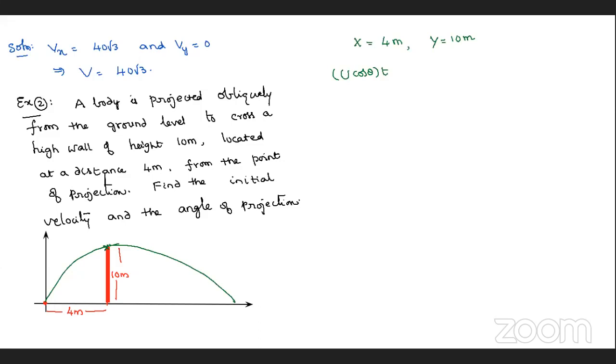If I join the hypotenuse like this, that is the angle you are finding, whereas the angle of projection is this one, projected tangentially. Base is u cos theta, which is velocity, but what is given here is not velocity, it is displacement.